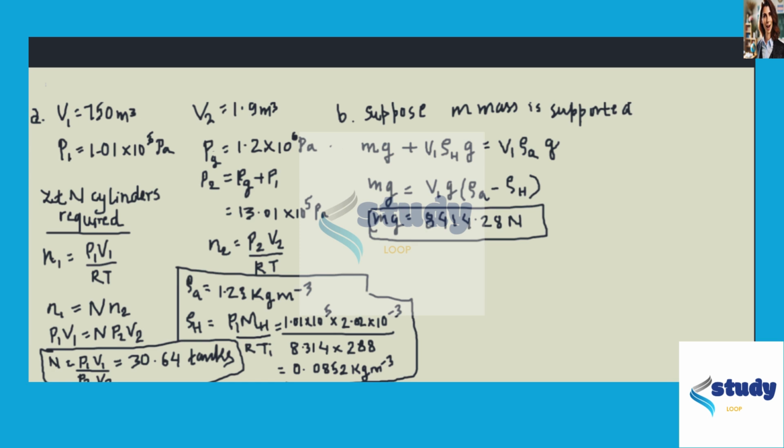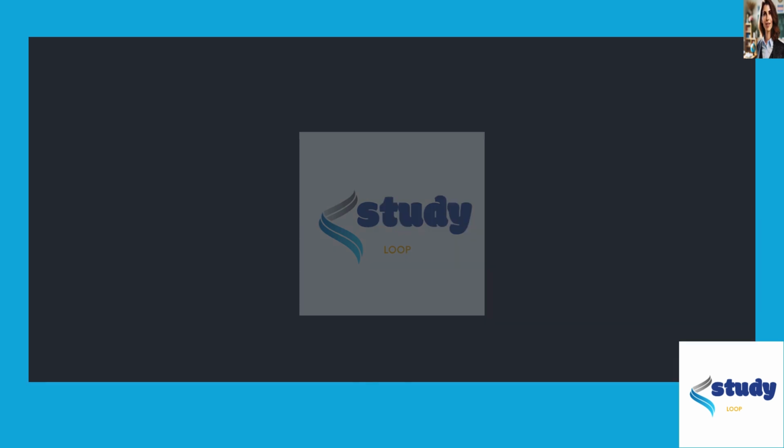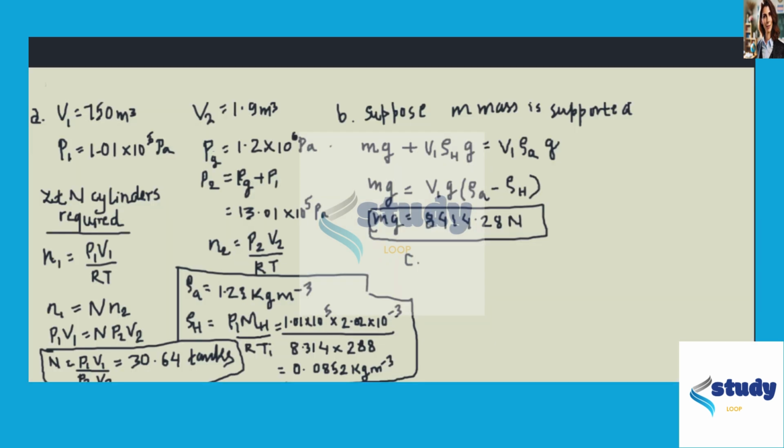Let's move on to part C of the question. In C, the question asks about the weight that could be supported if hydrogen was replaced by helium. Then the change comes in rho h. So let us find rho He.